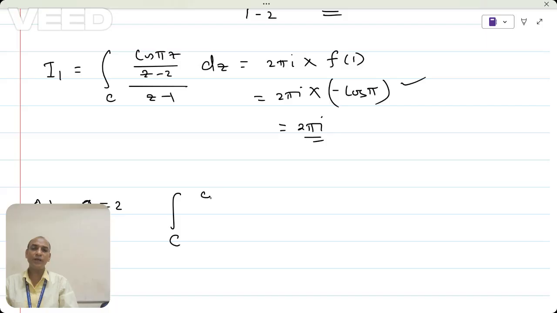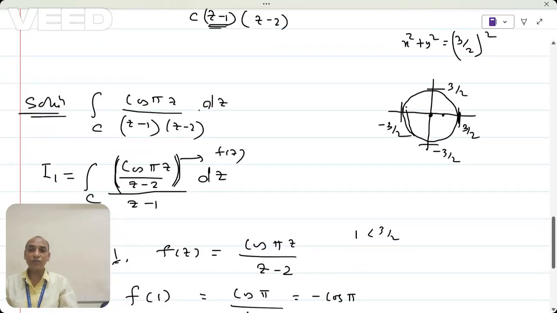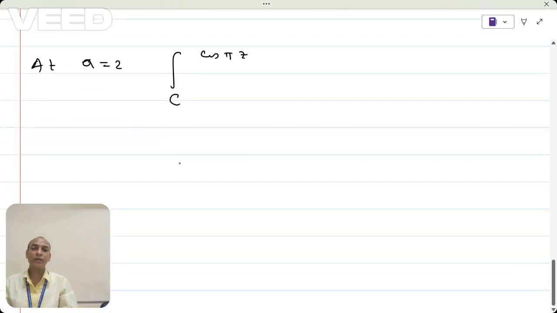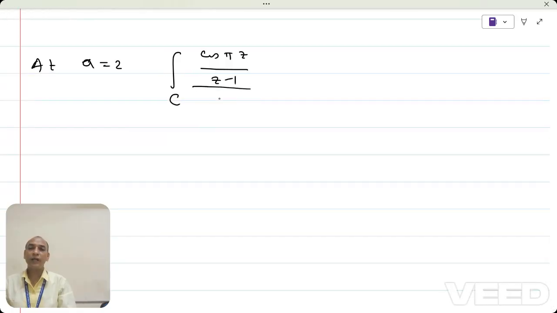Integration over C of cos pi z, I will keep z minus 2 in the denominator. All other things will be numerator. So I will take z minus 1 above, and the denominator will be z minus 2, dz. So this will be now my f of z.